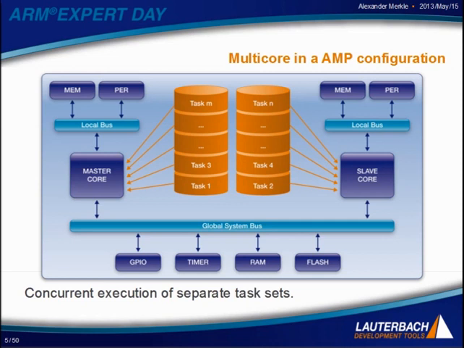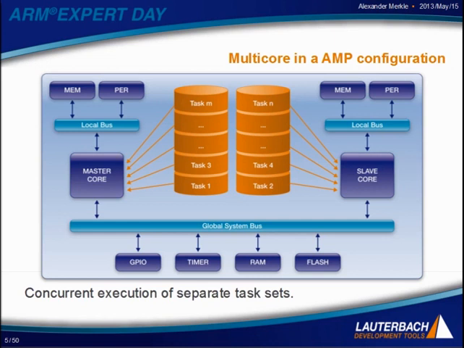The second one could be, for example, a real-time processor, which has its own tasks. From the operating system point of view, you get a concurrent execution. You can assign one task of this task set to the left-hand core, and a different task to the right-hand core. So you get a concurrent execution of multiple tasks, but you cannot interchange these tasks with each other.